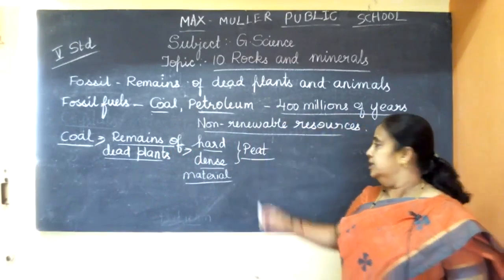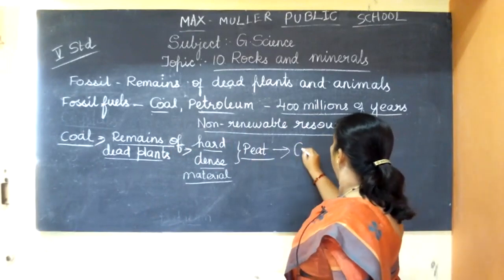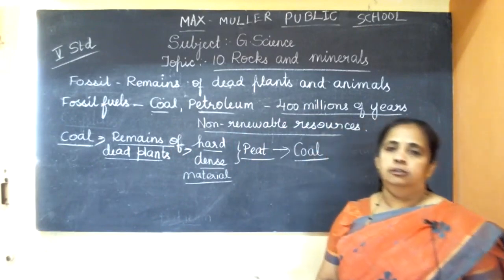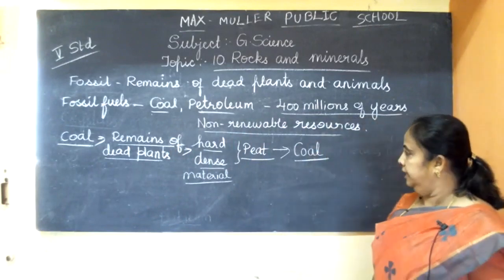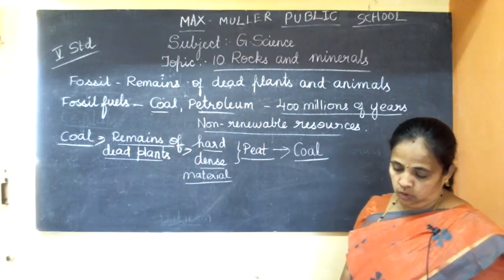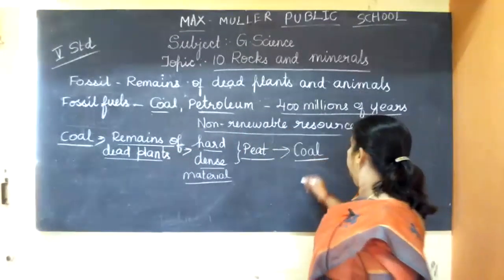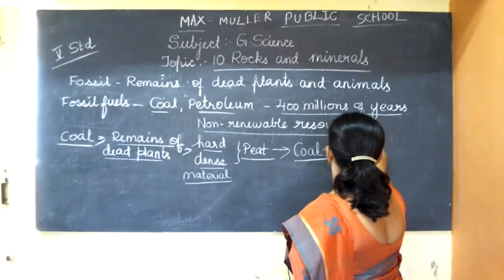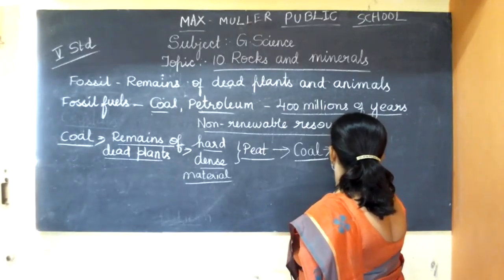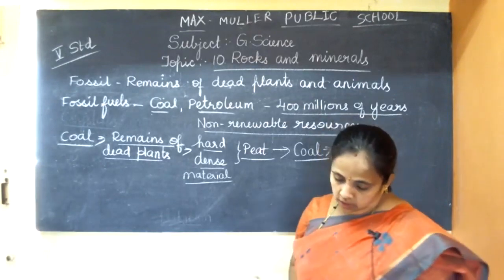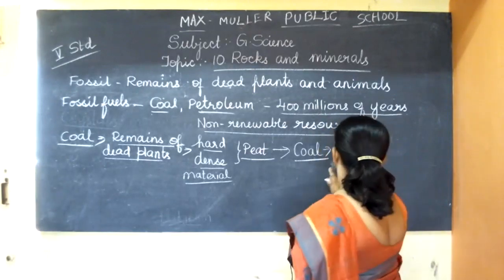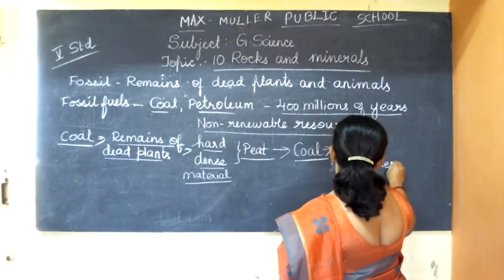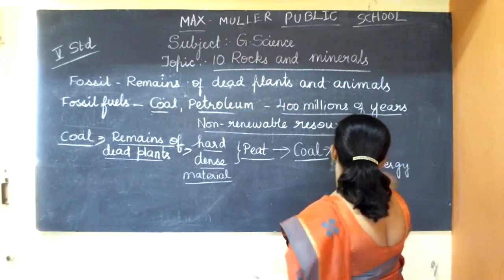Over many years, this peat becomes very dark and turns into coal. By burning this coal, we get heat energy. Enormous heat is released.